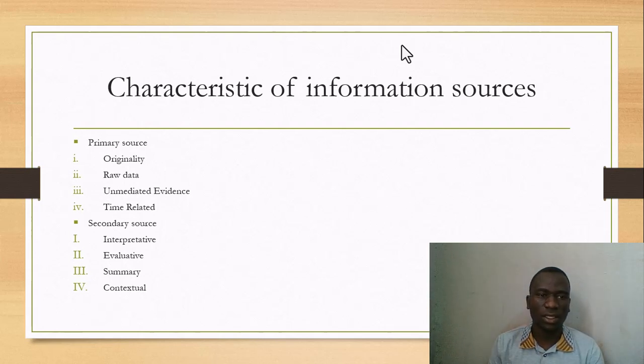Then unmediated evidence. It is closely connected to the time the particular event happened, so close to the event, like an event that just happened. Then time related, it depends on the particular time the event has just happened.